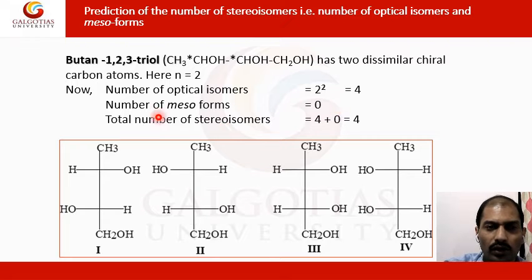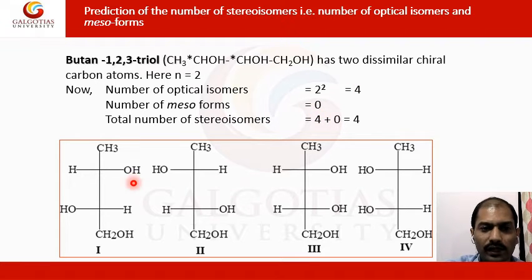Students, here you have to see how the total number of stereoisomers will be. First of all we have to calculate the optically active isomers, and then we have to see the mesoforms. So the overall stereoisomers, how many are there? This is 4 plus 0 equals 4.